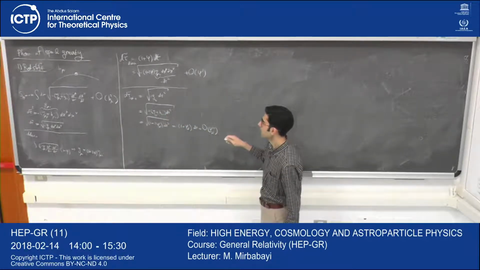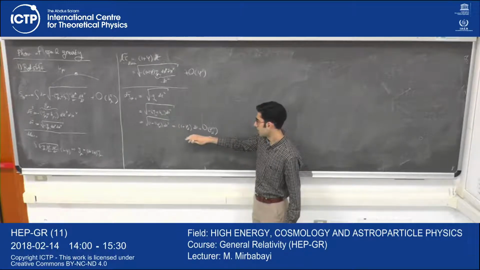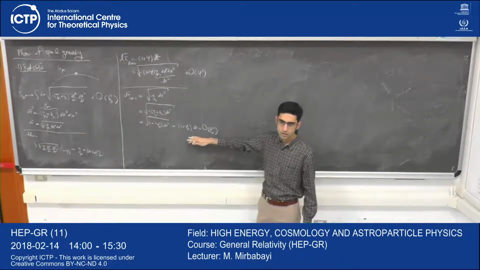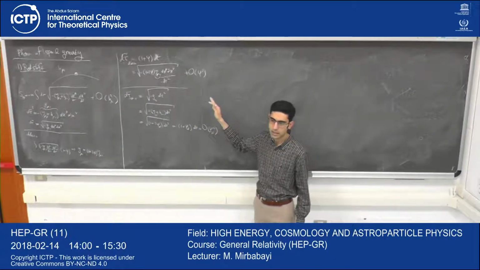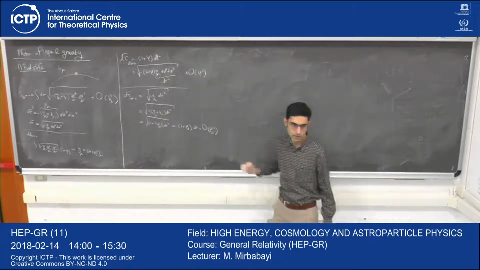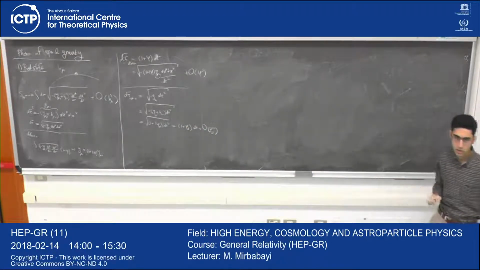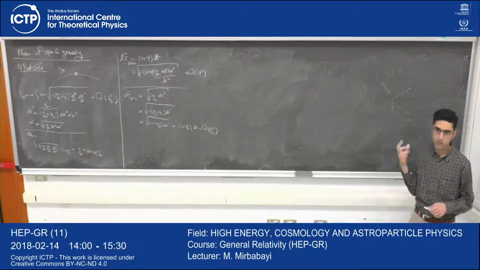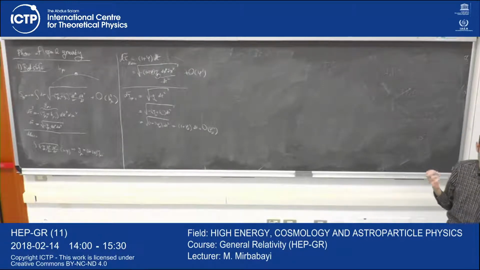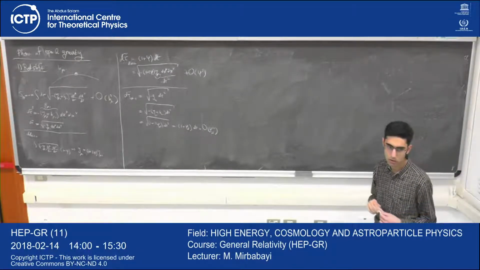So what it tells us is that the result for gravitational redshift is the same in a scalar gravity and in a spin 2 gravity. The clocks work in the same way, the redshift is the same, whether the description is in the scalar gravity or the relative gravity.